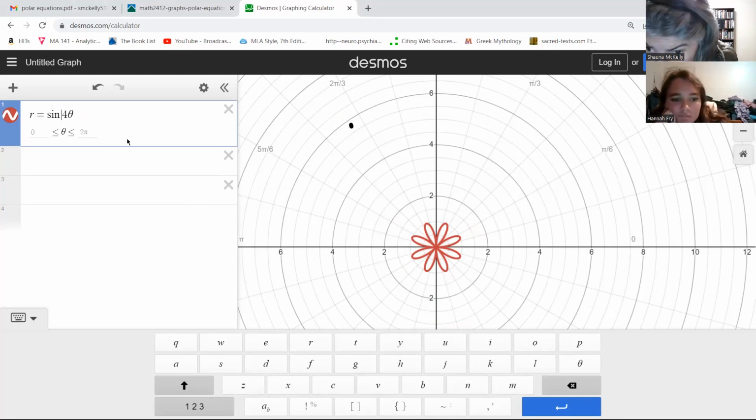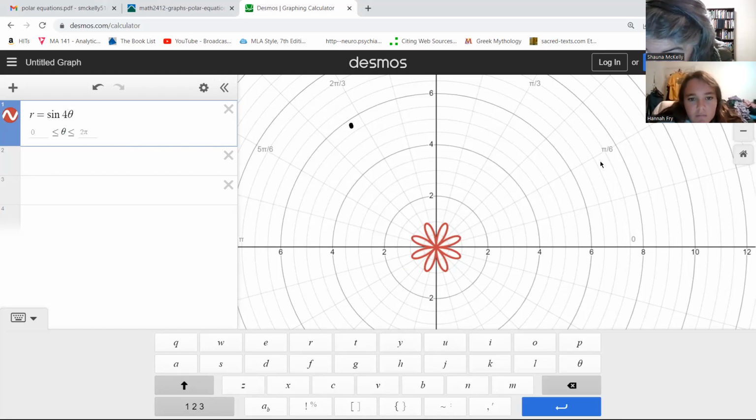But when you have a sine, you don't have a petal that's on an axis. Unless, I mean, you might if there's enough of them, but they don't start out on an axis. They start off at the slant, and they normally start where the maximum of sine would be, which is at pi halves.